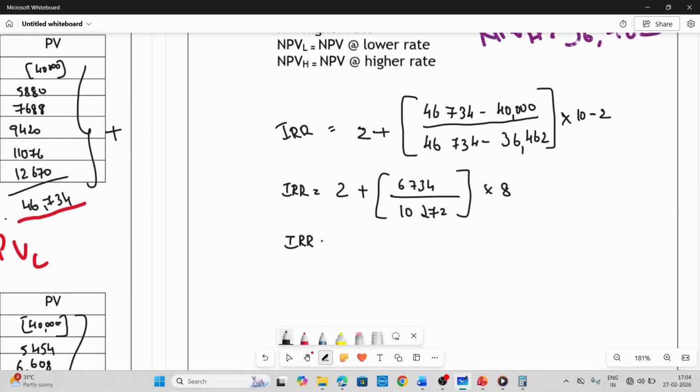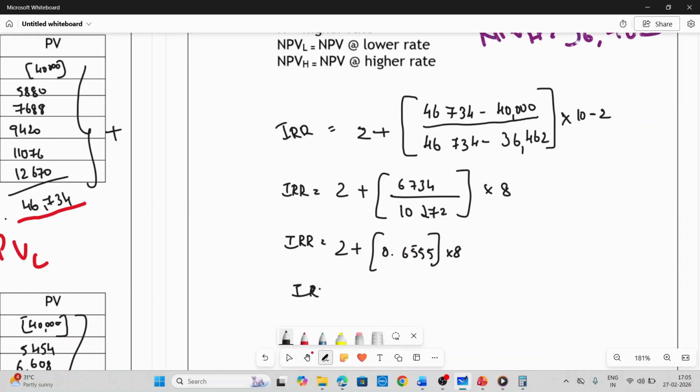IRR is equal to 2 plus 0.6555 into 8. In the next step, 0.655 into 8 is 5.244.